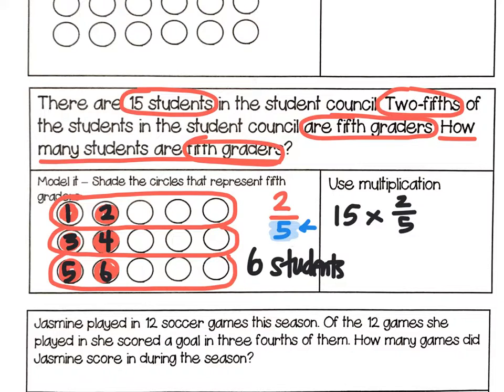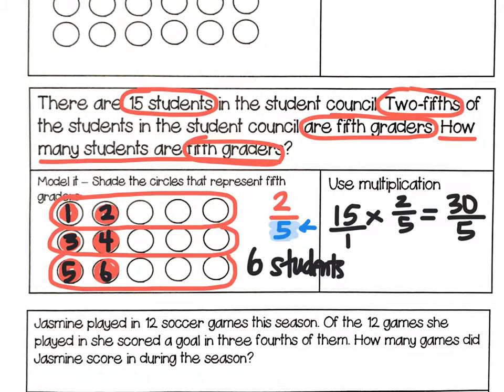And again, to make my whole number into a fraction, I would do 15 over 1. And now I would multiply my numerators. 15 times 2 is 30. 1 times 5 is 5.